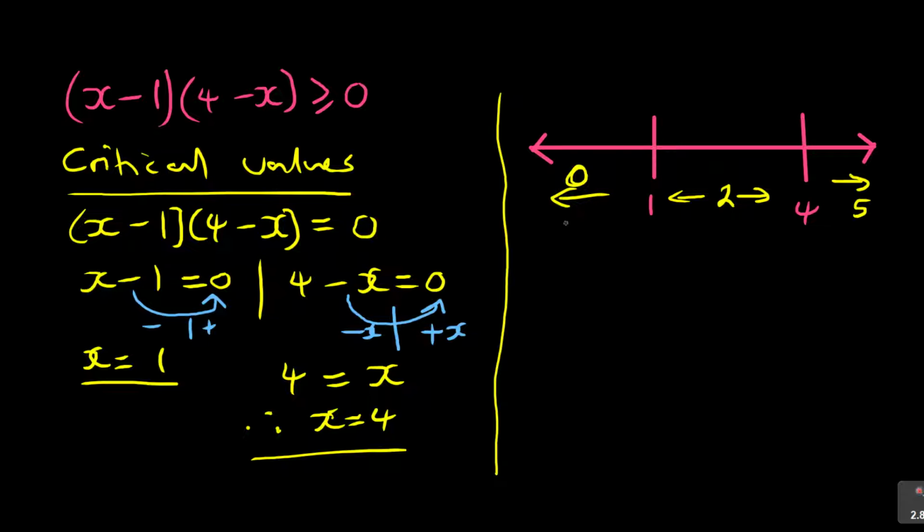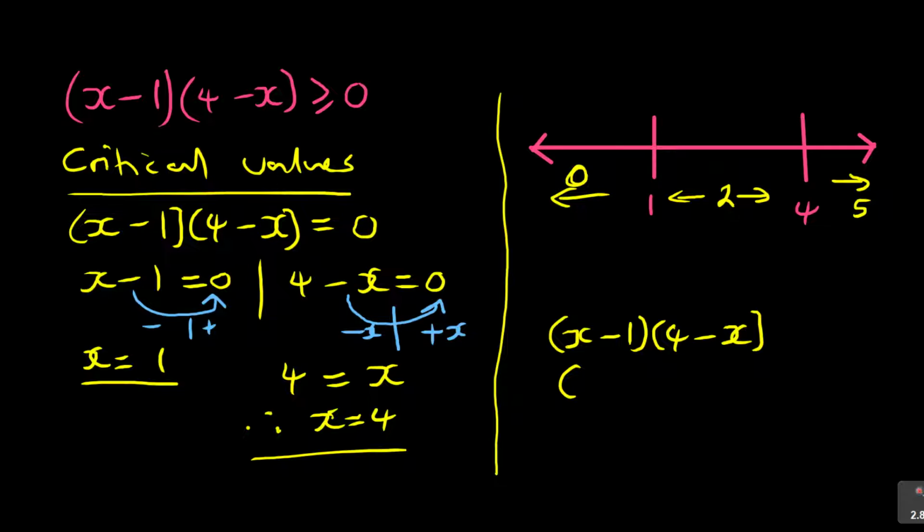So what do I do? I go to my original, let me write the original. It's x minus 1 and 4 minus x. So when I'm testing, start with the first one. It's x minus, not x, because I'm saying let my x be 0.